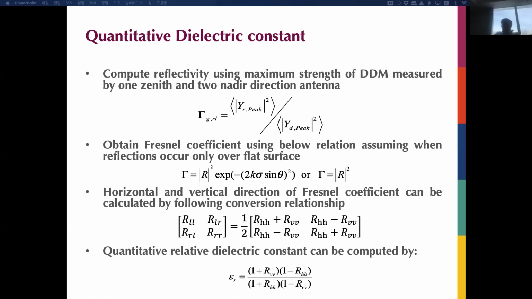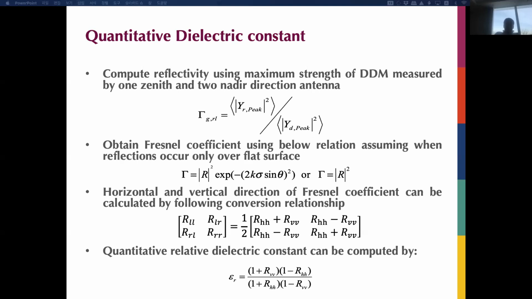Using some analogy, in physics, in electromagnetic theory, it is well known that the horizontal and vertical Fresnel coefficient equations were derived by previous researchers.